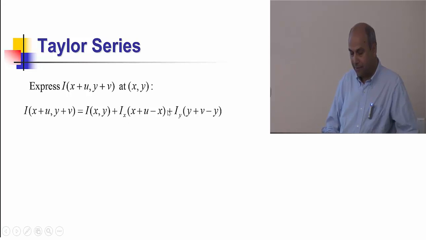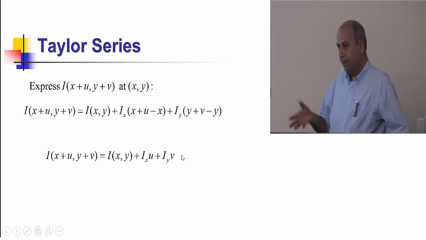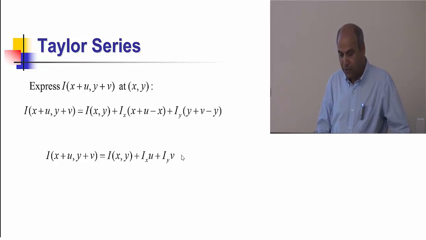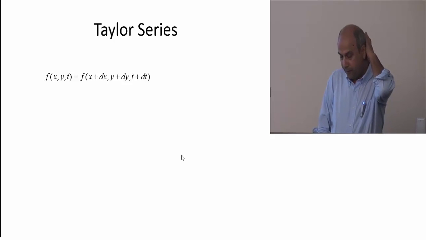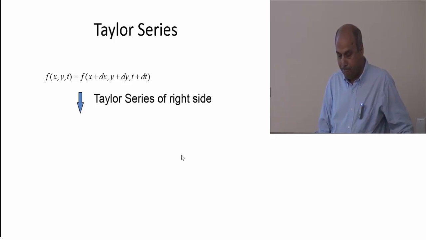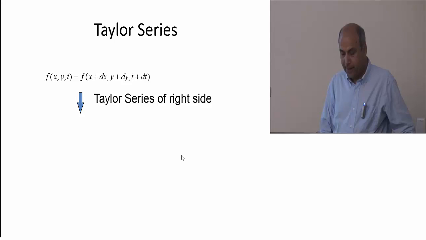As you see, x will cancel, u and v, and this will simplify to Ix u plus Iy v, and we are going to use that. We are going to use this also for optical flow, in the chapter we will have on motion, and you can do a very similar thing there.